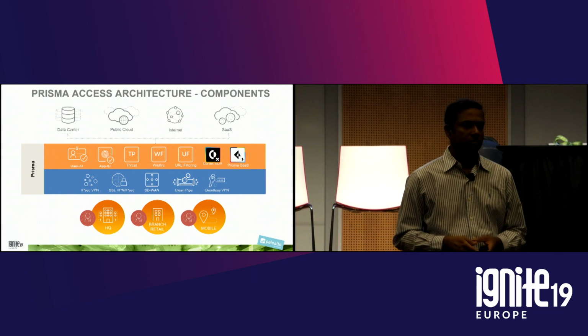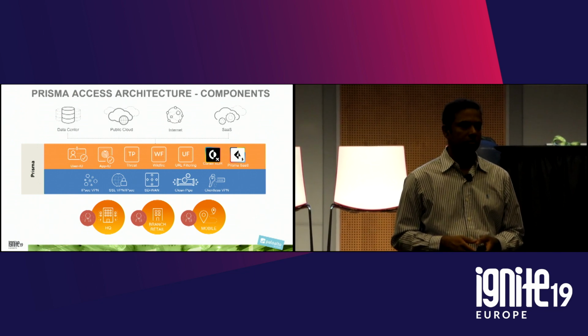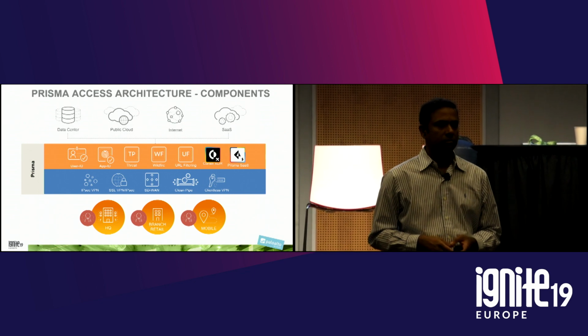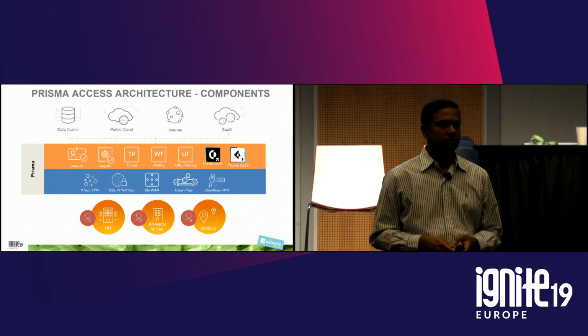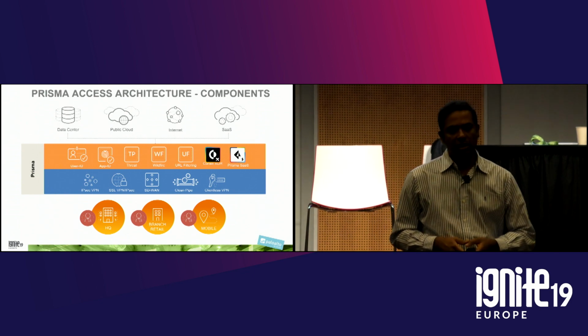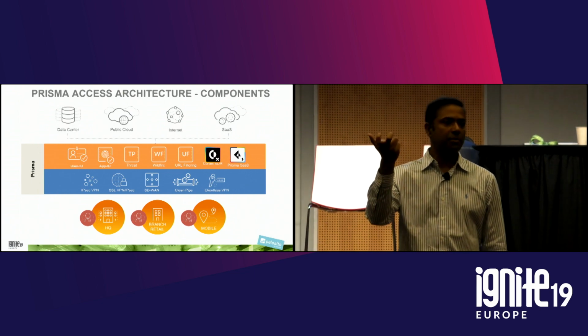Could Prisma Access supply this, or do you think that we can use Prisma inside the GCP? Right now, we are using a virtual Palo Alto inside the GCP environment. So there are some customers, and it depends on what is in your GCP workloads.